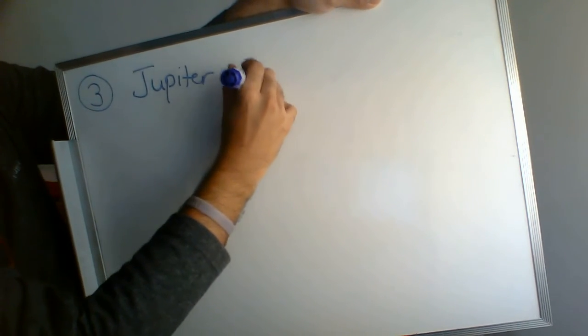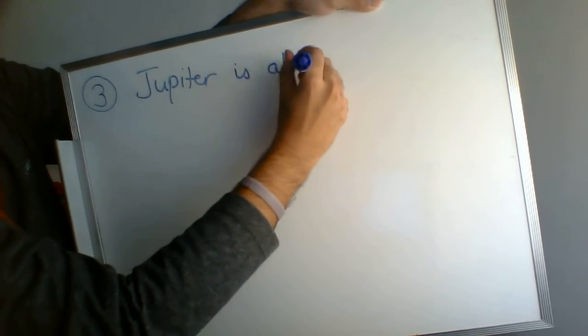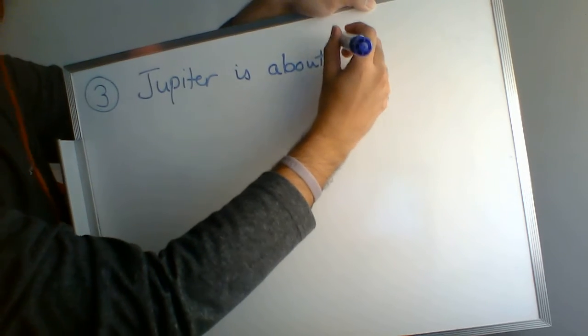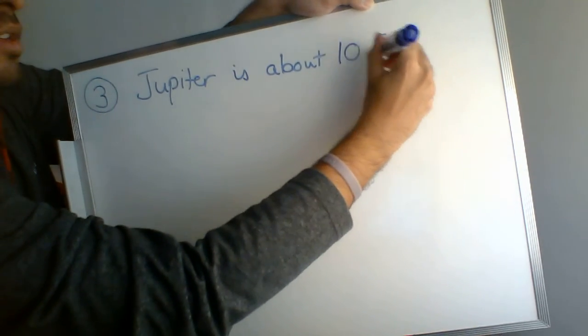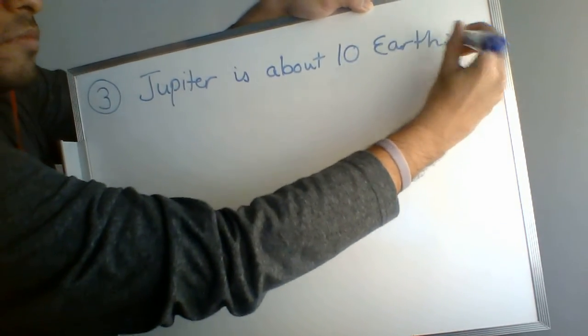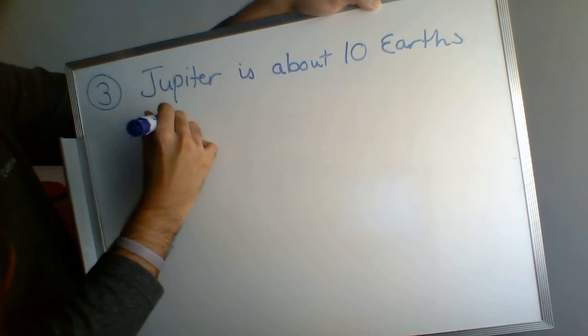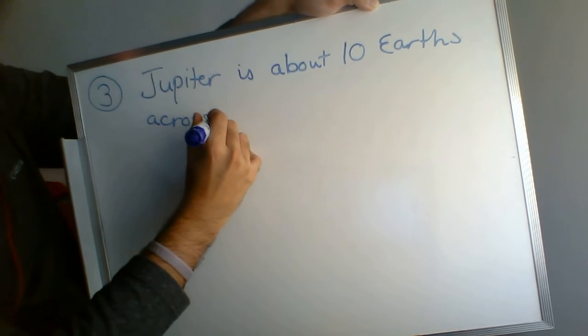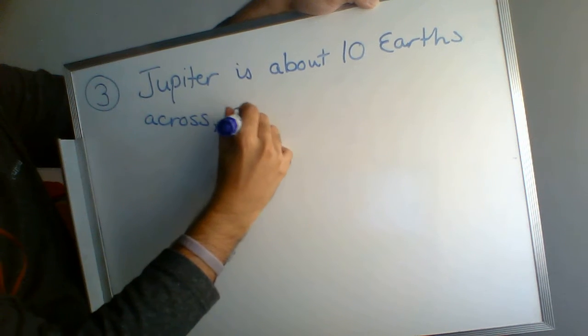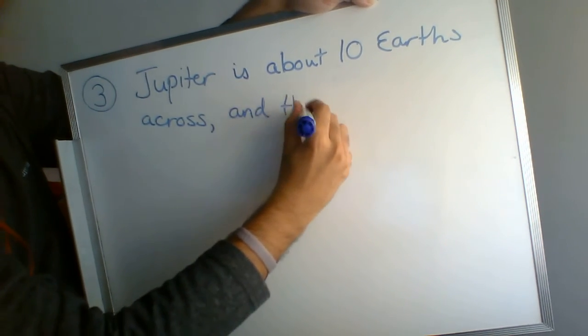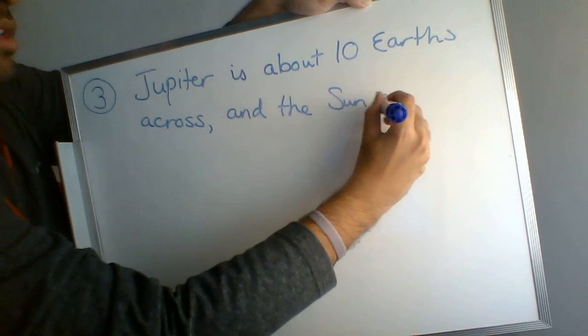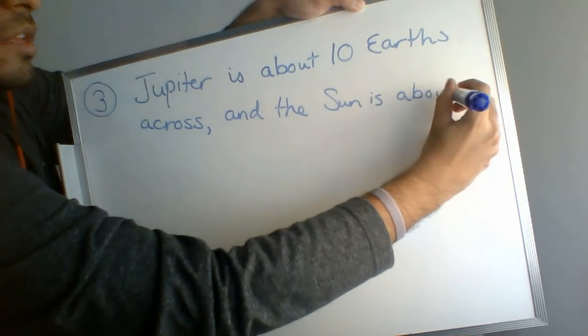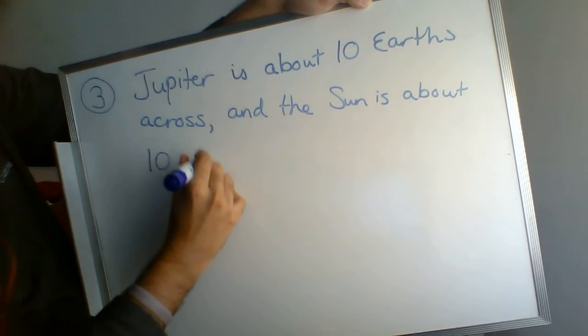So, question 3. Jupiter is about 10 Earths across, and the Sun is about 10 Jupiters across.